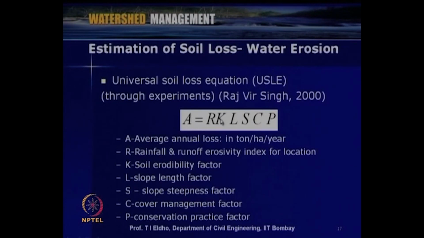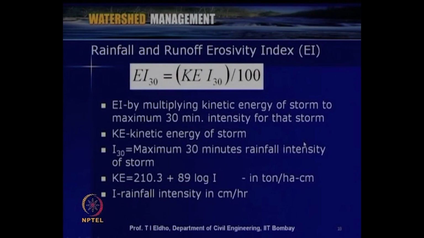So, now let us see these various parameters, R, K, L, S, C, P, and some relationships as defined in the book of Rajveer Singh. First one is the rainfall and runoff erosivity index.